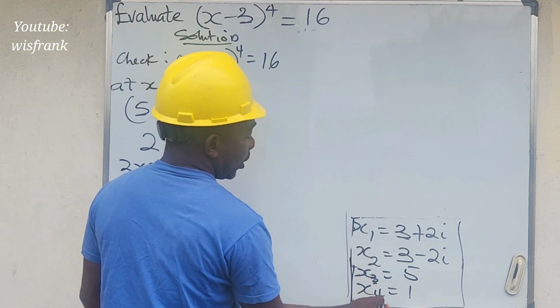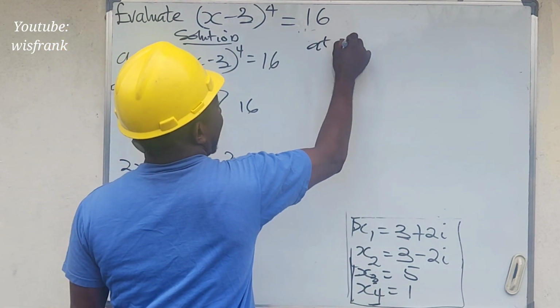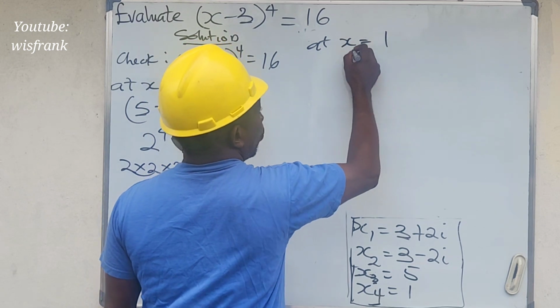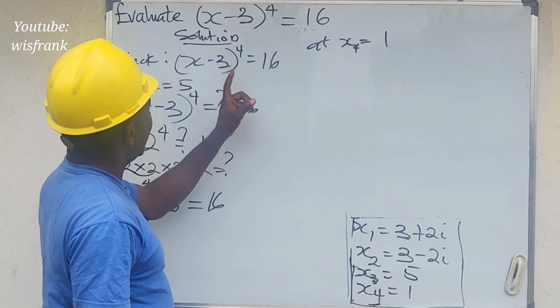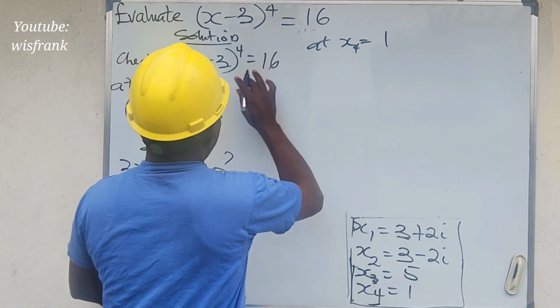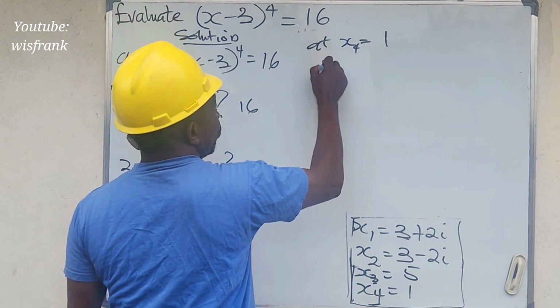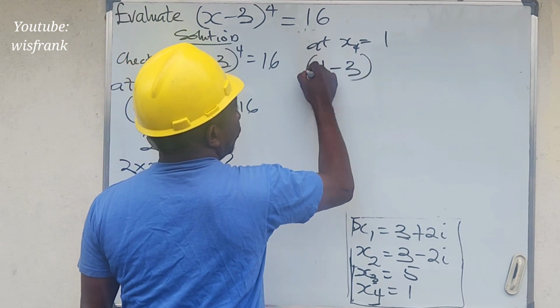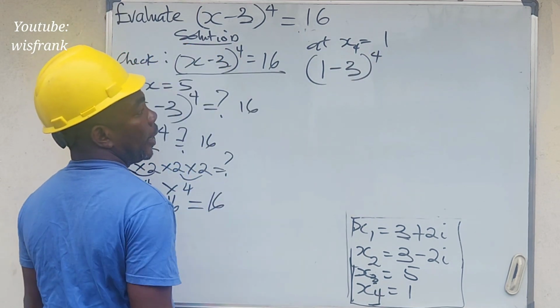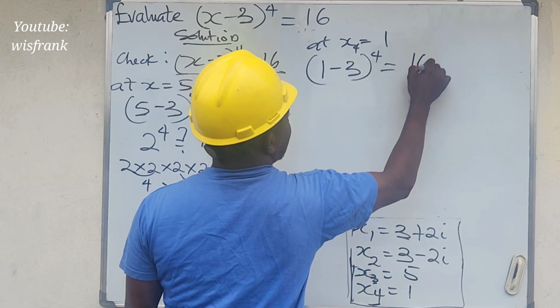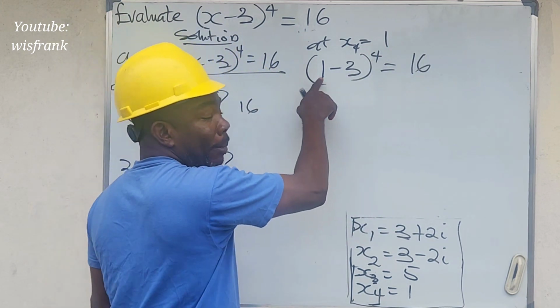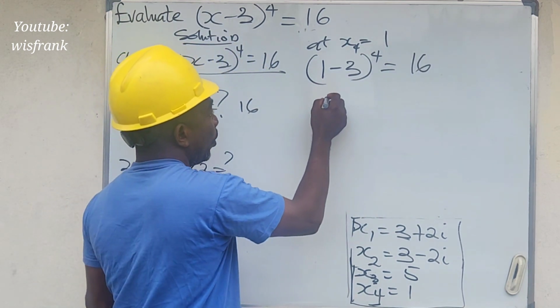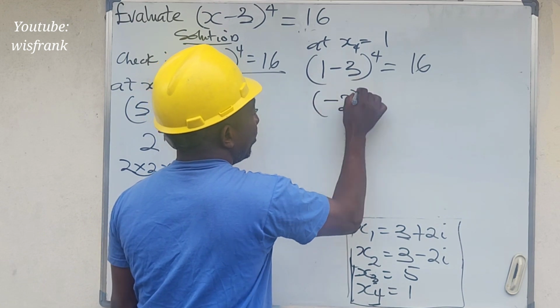Let's see the second one, where x equals 1, which is x4. From the question, we are going to have the value of x, which is (1 minus 3) all to the power of 4. Will this equal 16? Let's find out. 1 minus 3 is minus 2. So we have (minus 2) all to the power of 4.